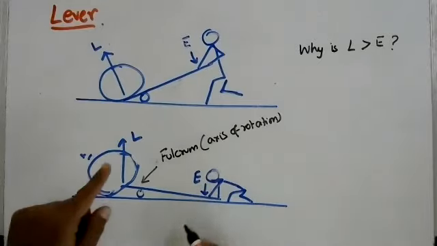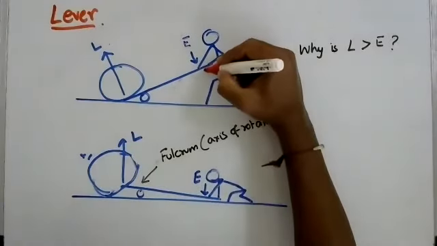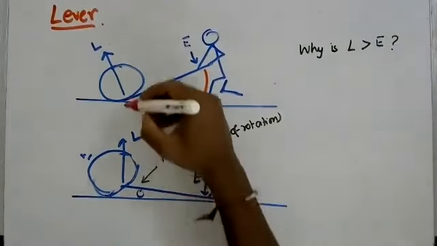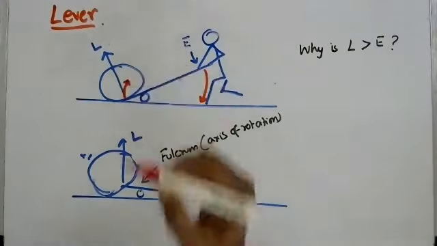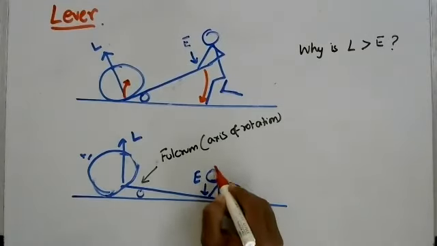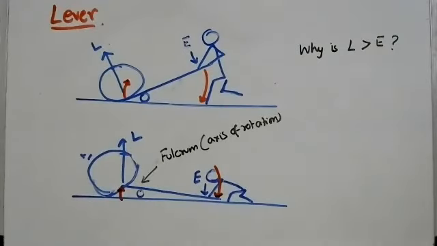So there is a rotational motion taking place. As you apply the effort, this part moves in this direction and this part moves in that direction, correct? You brought this from there to here and this moved from here to there, right?